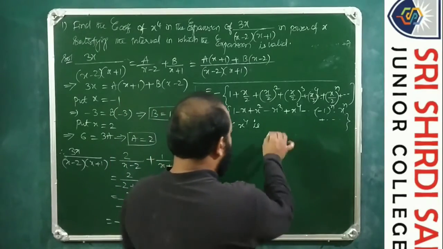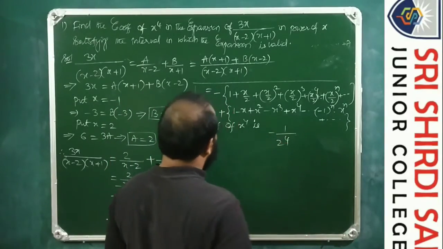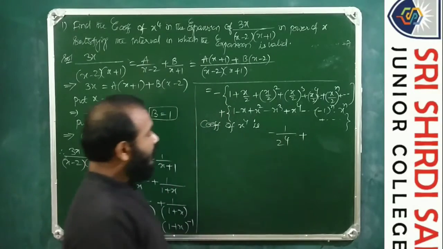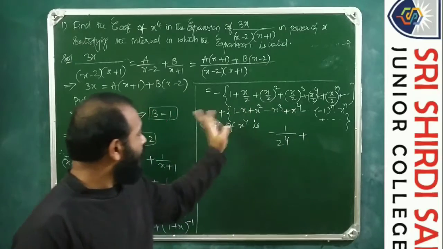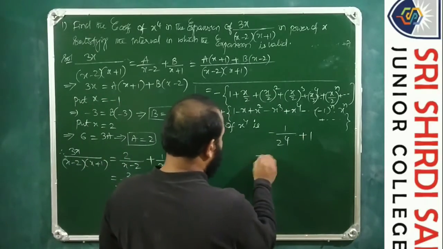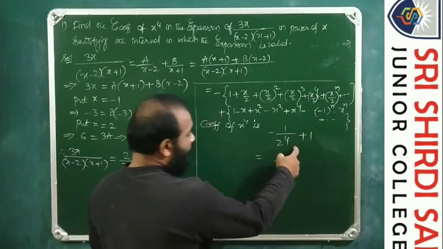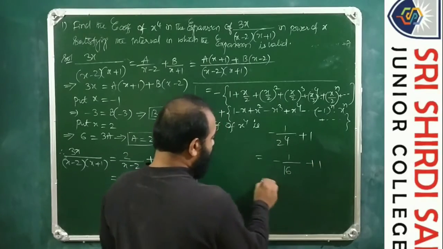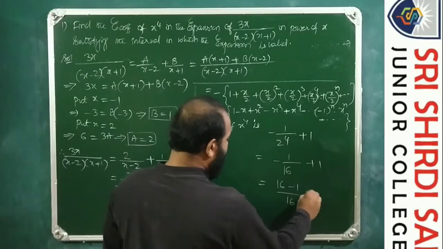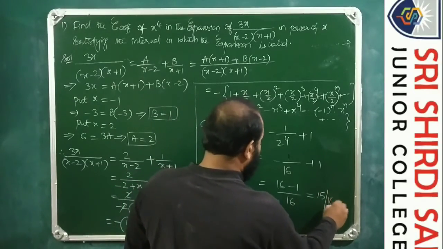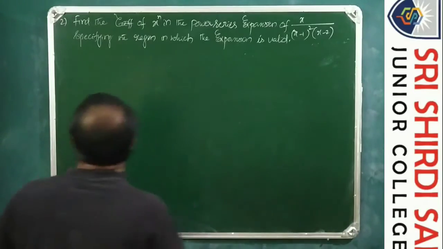Minus 1 by 2 power 4 plus, here the x power 4 coefficient is 1 into this. So this is plus 1. So 1 by 2 power 4 is 16, plus 1. 16 ones are 16, minus 1 by 16. This is equals to 15 by 16, is the answer.